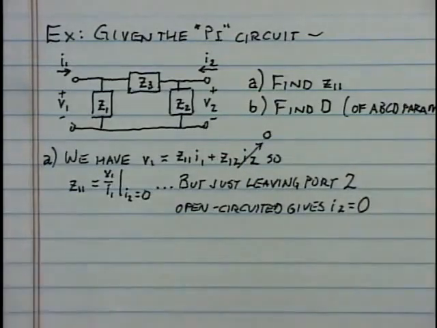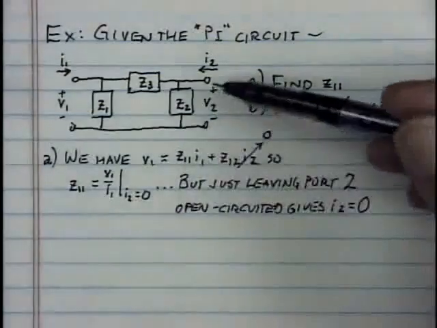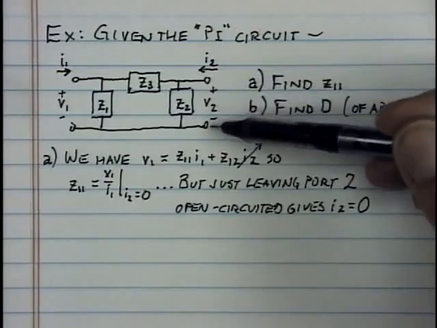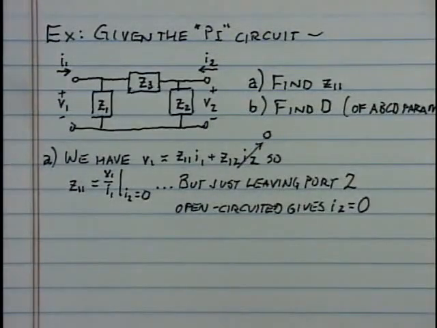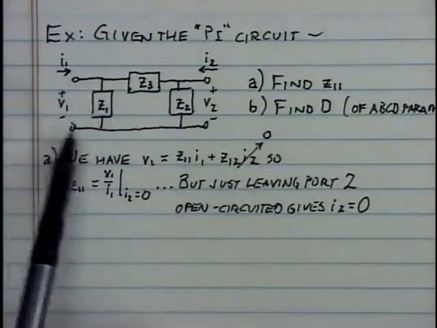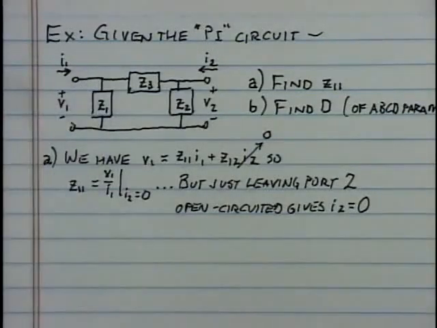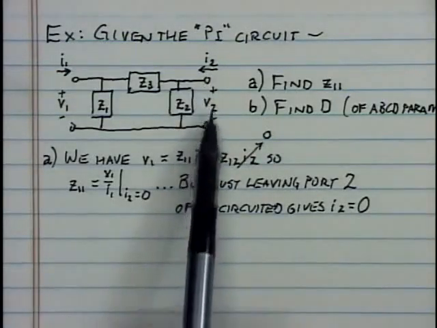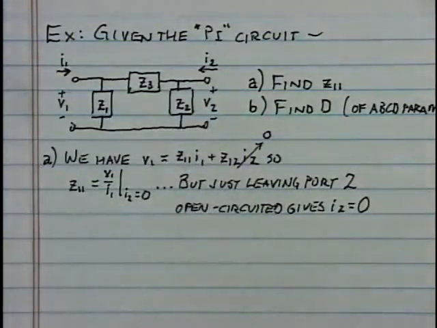What that means in terms of the circuit is don't place any element here over on port 2 of this network. Make a measurement of V1 and I1 over here on port 1 when there's no load present on port 2. Leave port 2 open circuited.